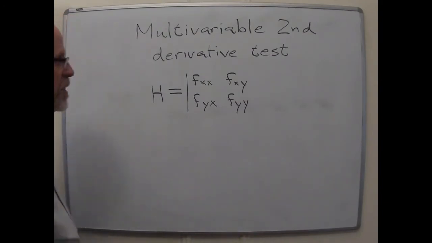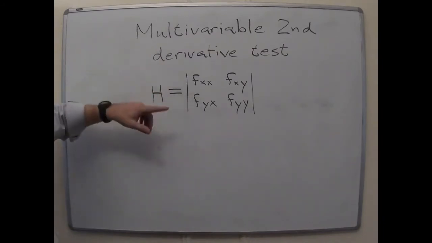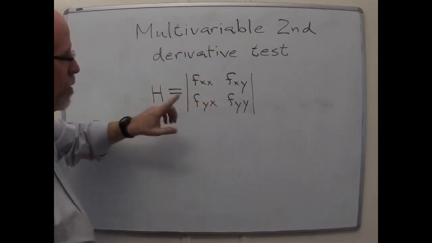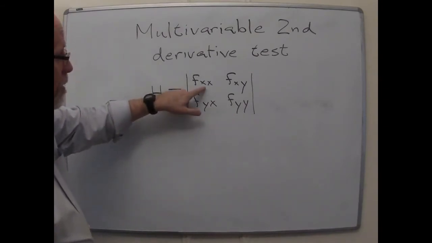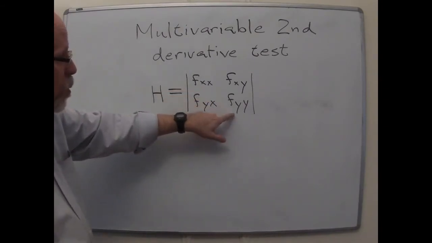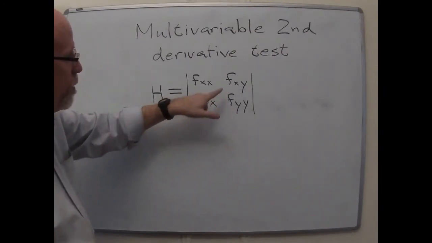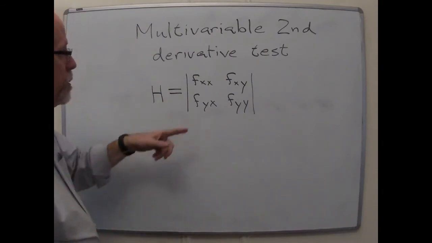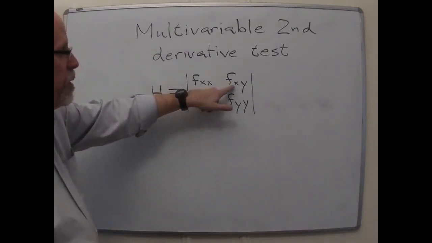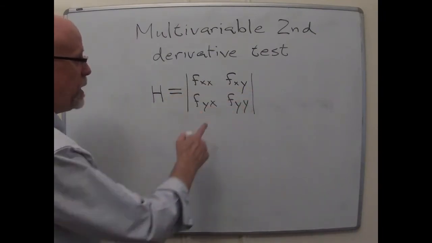I just had to remember what order to put the variables in. It doesn't matter. It's a table of all the second derivatives. F sub xx in the upper left, f sub yy in the bottom right, and the two things that are off diagonal from each other, those are what are called the mixed partials. One is take the x derivative and then the y derivative of that, and the other is vice versa. But these two guys are equal.